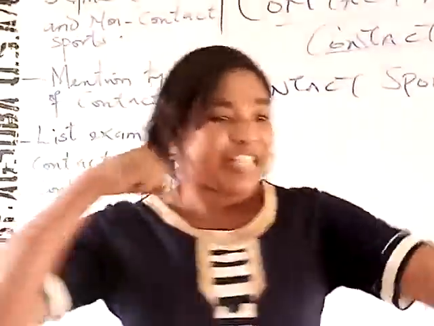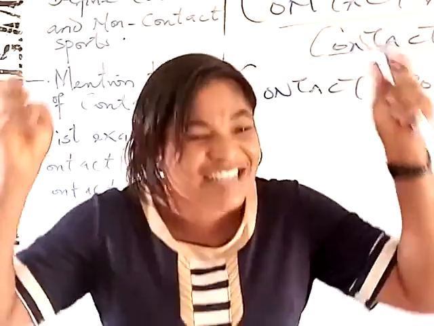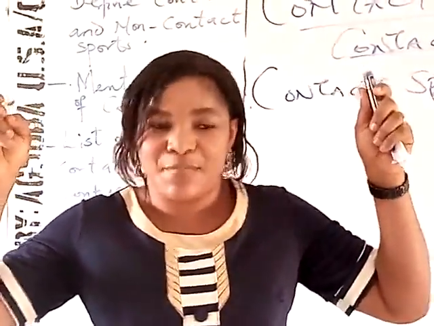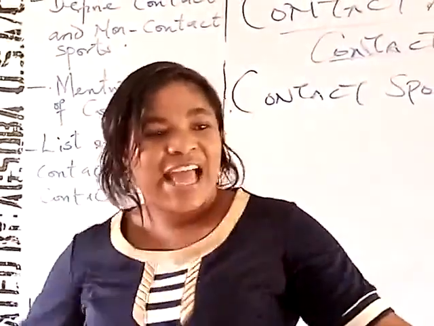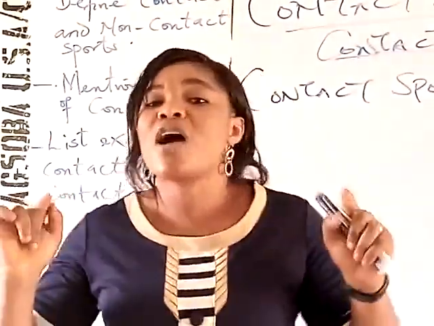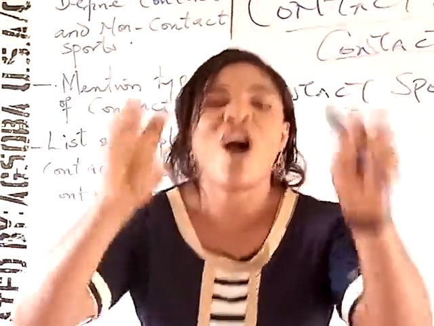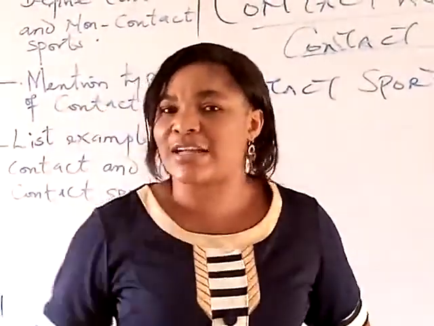Your opponent must hit you. You yourself must hit your opponent. It's the style of the game, which is very, very important. That touching, that hitting, that bodily contact you are having with one another is what we refer to as contact. Am I communicating? That is what we refer to as contact.